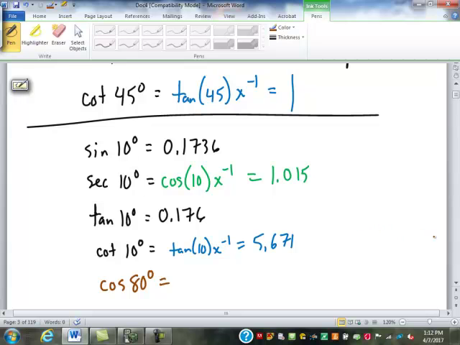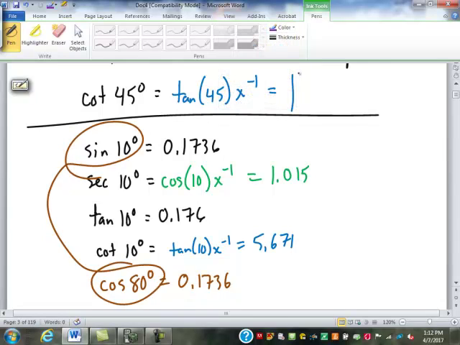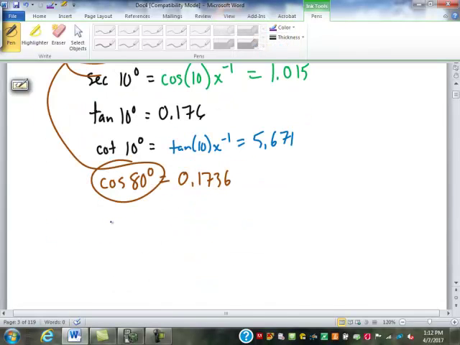Cosine of 80 degrees. 0.1736. Cosine of 80 has to be the same as the sine of 10. Cosecant of 80 degrees.